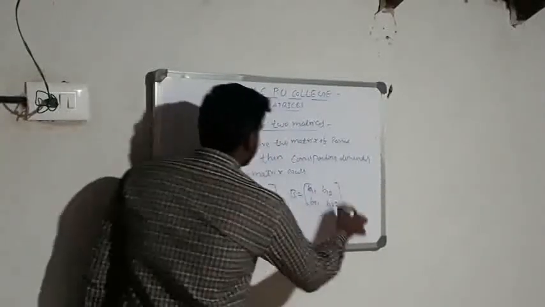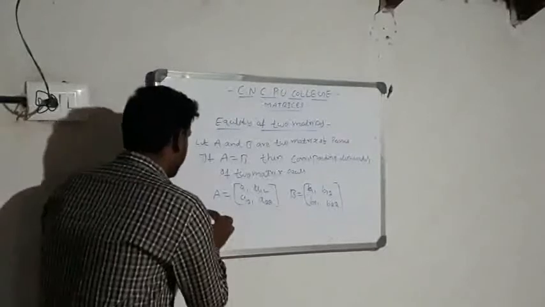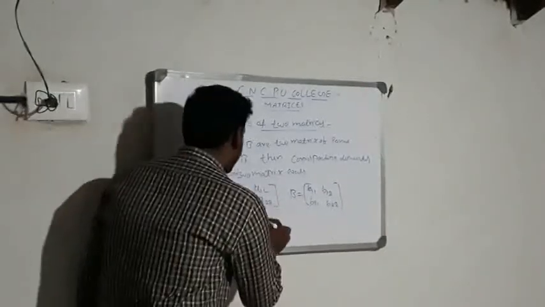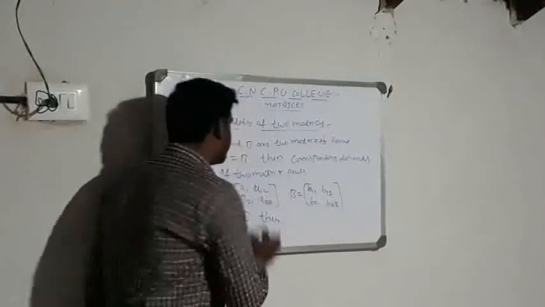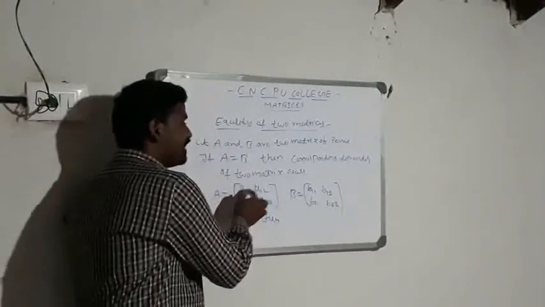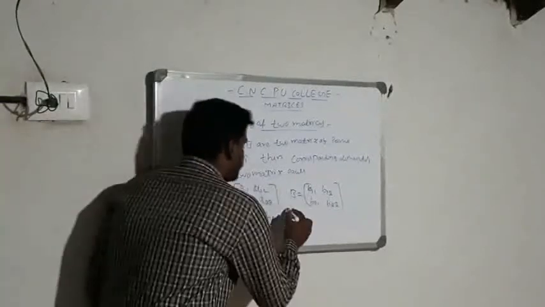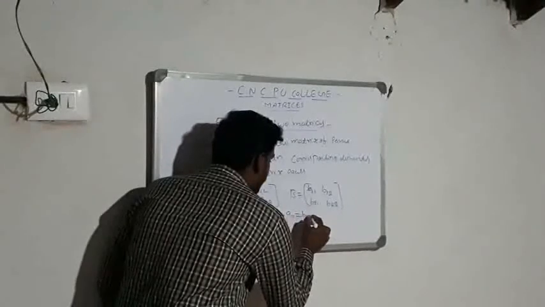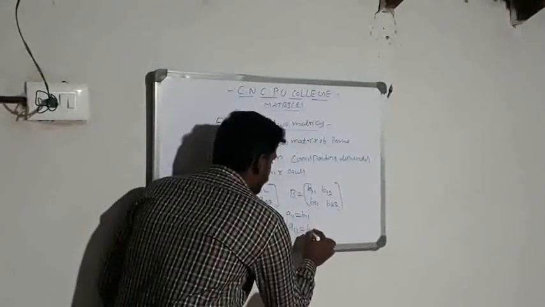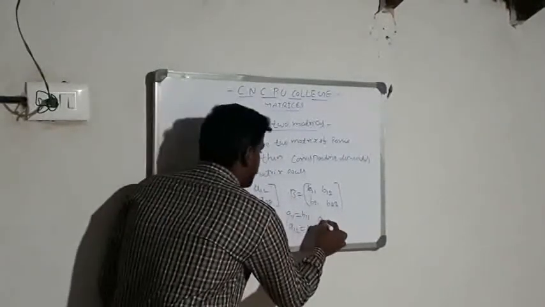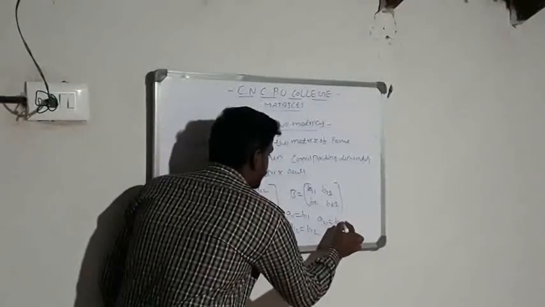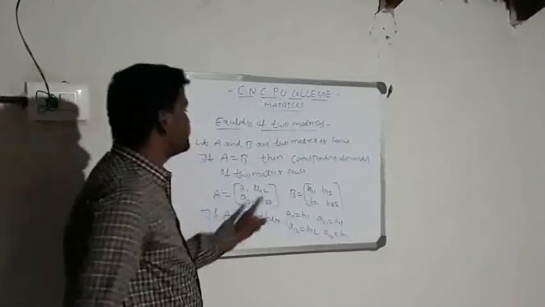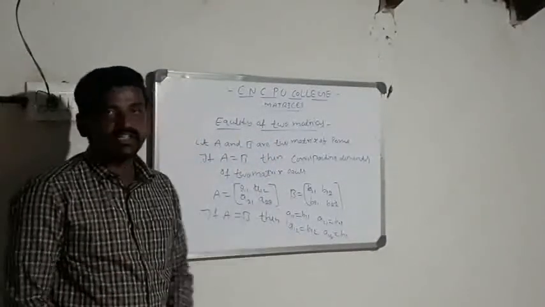Here consider 2 cross 2. If two matrices are equal, then corresponding elements are equal. That means A11 is equal to B11, A12 is equal to B12, A21 is equal to B21, A22 is equal to B22.